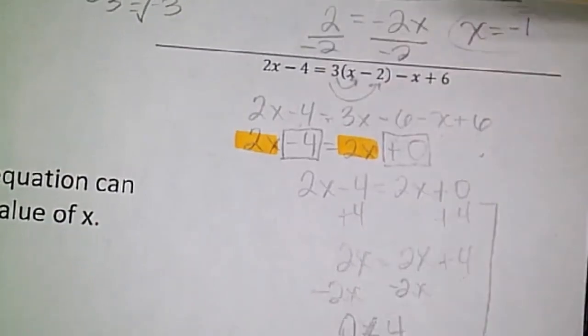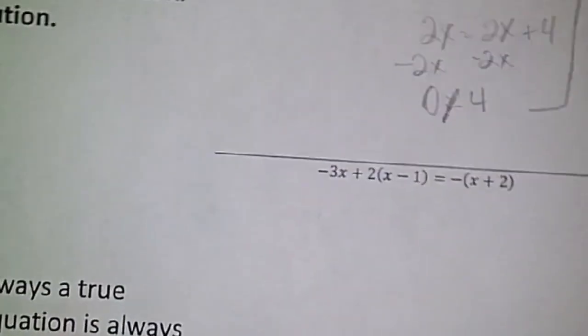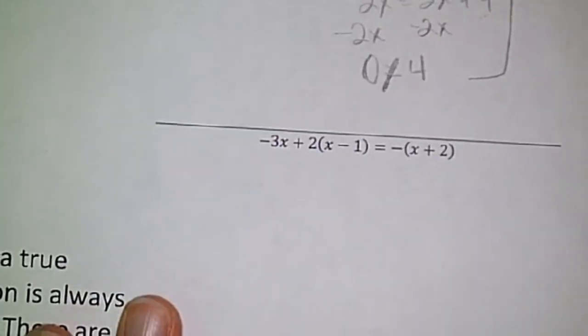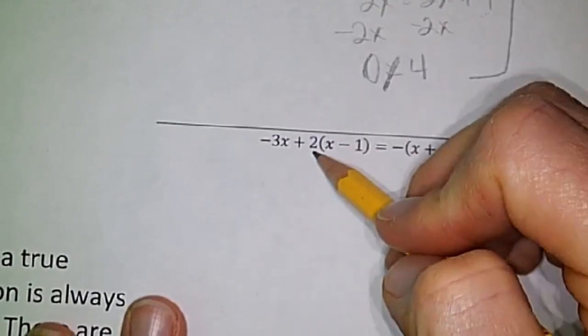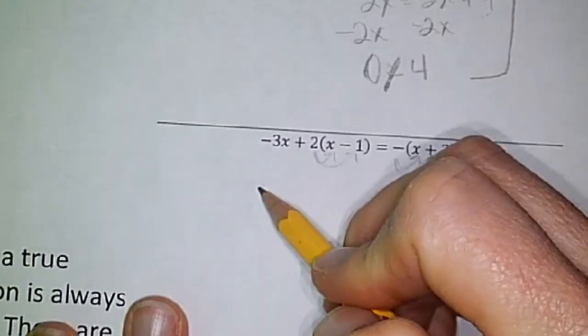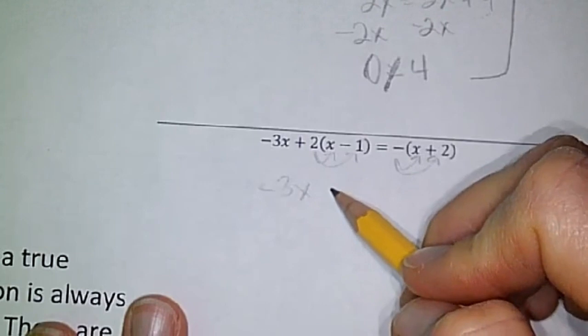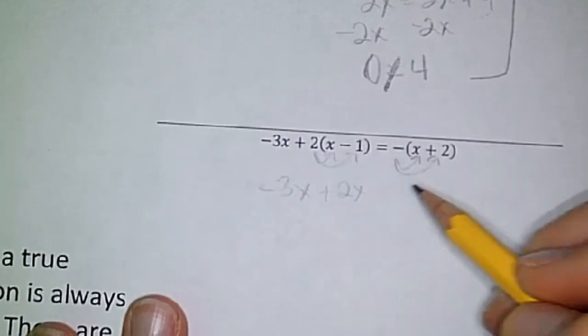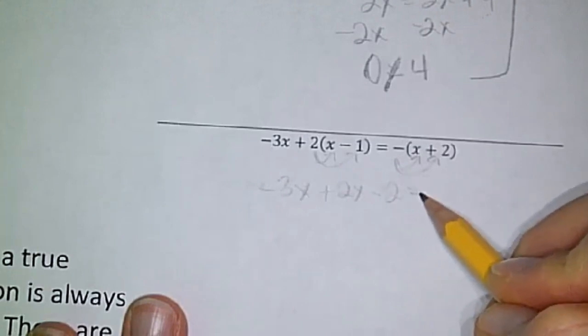Let's look at the next one. What do we need to do first? Negative 3x. What's 2 times x? 2 times negative 1? Okay, so what do I do right here?